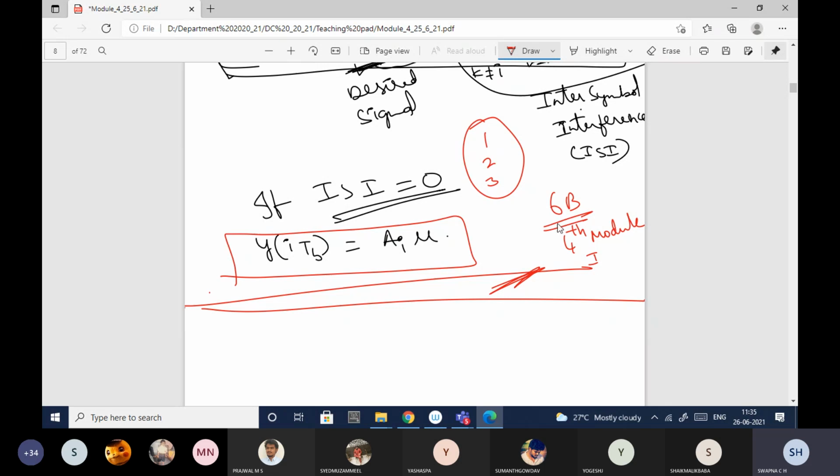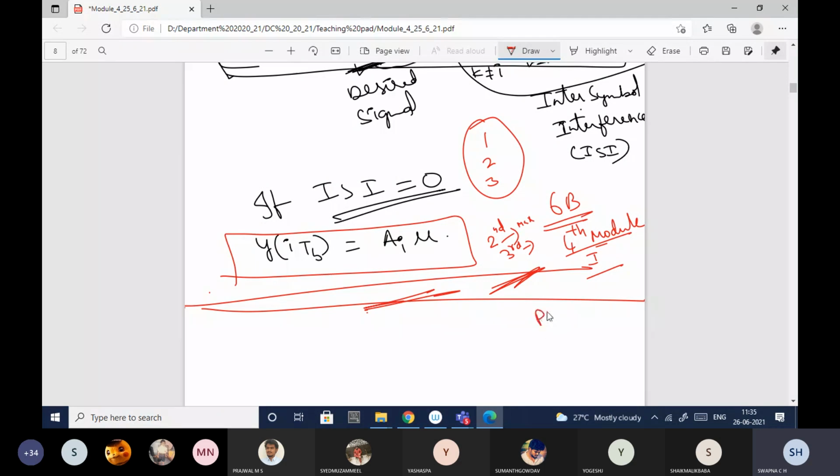Okay, fine. For 6th B students, let me mention the syllabus once again. Second module, from maximum likelihood decision function, from there it starts. Then third module, and 4th module until here.